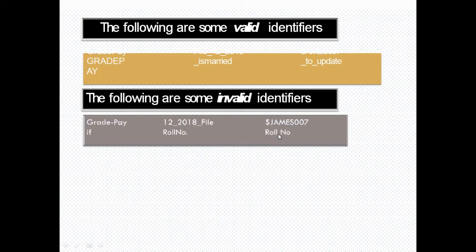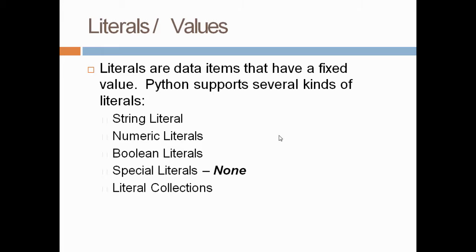Roll number, with a space: space is not allowed for an identifier. So these are all invalid identifiers.